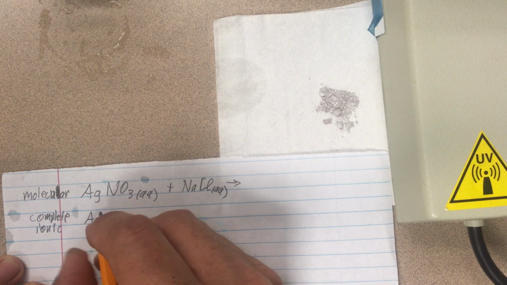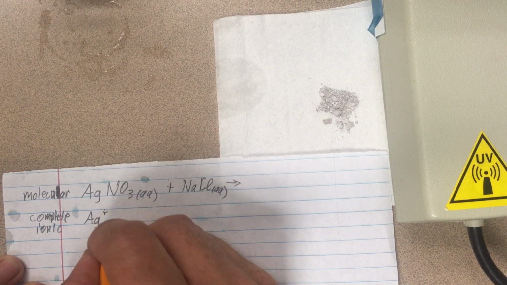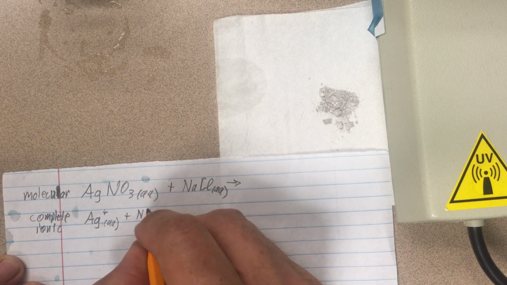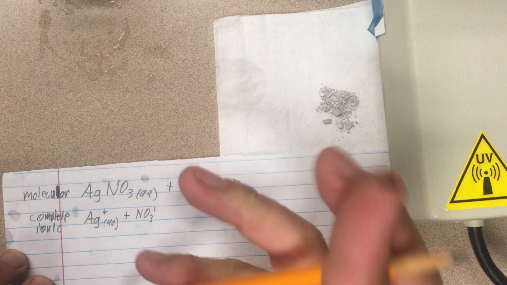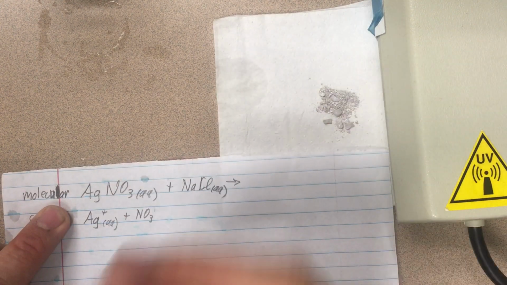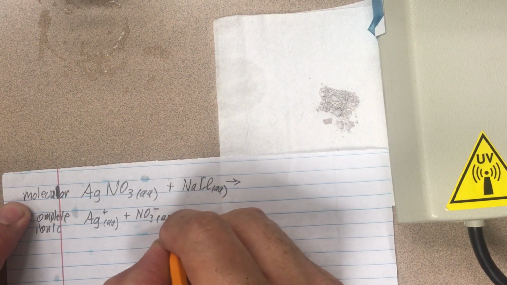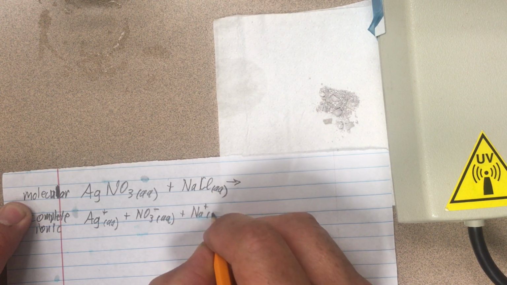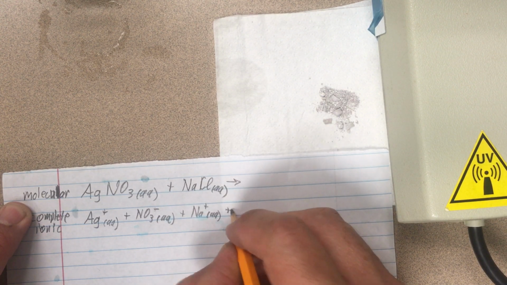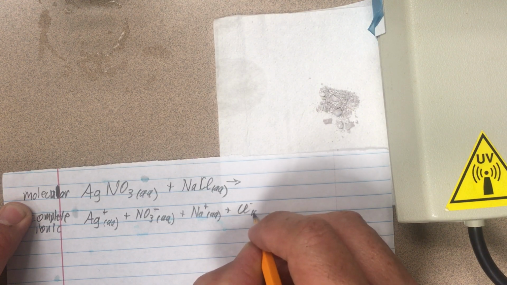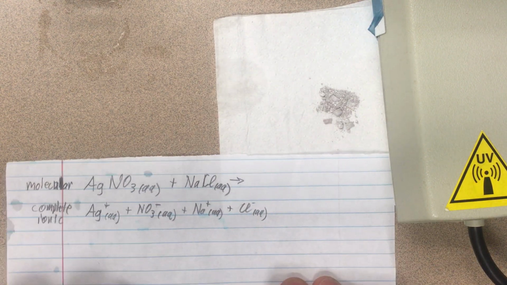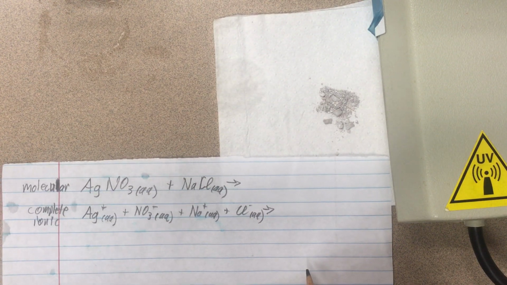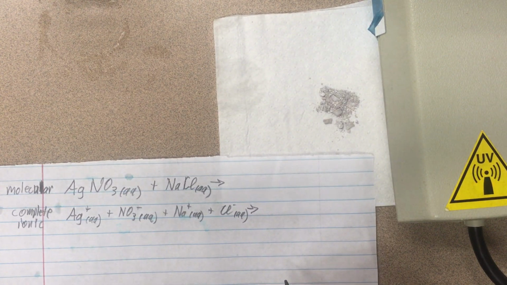And so this is silver ions reacting plus nitrate ions plus sodium ions plus chloride ions. Okay, and we look to see if we can find any combination where precipitation takes place.